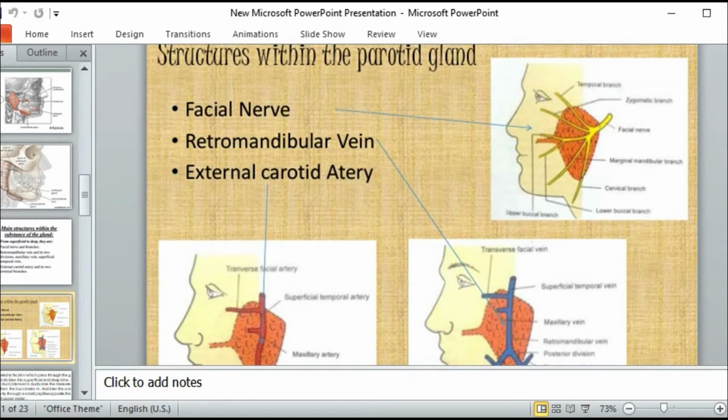As I said before, the parotid gland during surgery at this location, at this area that present the parotid gland, the dentist or the doctors, the surgeons must be more conservative because we have many important structures passing through this parotid gland.